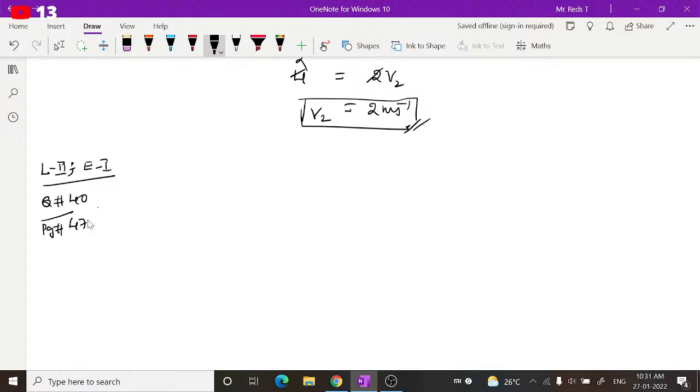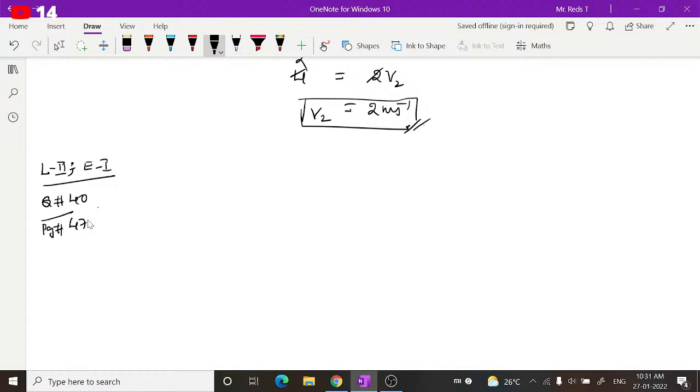When two bodies of masses m1 and m2 are moving initially with velocities u1 and u2, provided u1 is greater than u2, only then will collision take place. Before collision this is the condition, and after collision the velocities change to v1 and v2, so that v2 should be greater than v1 here.